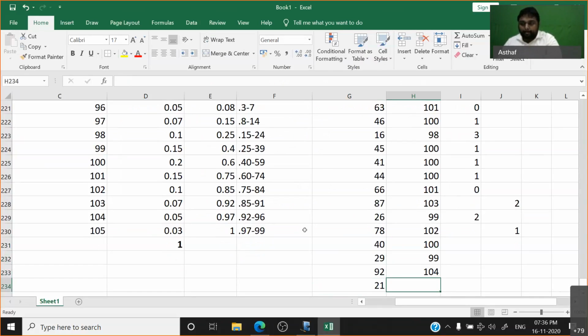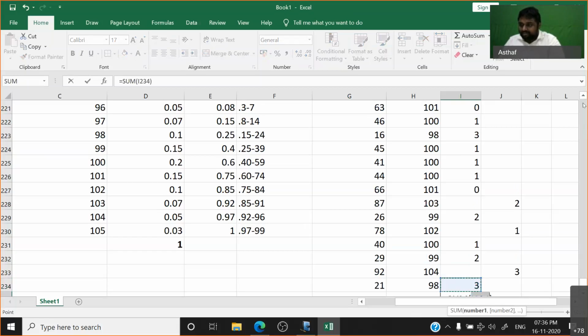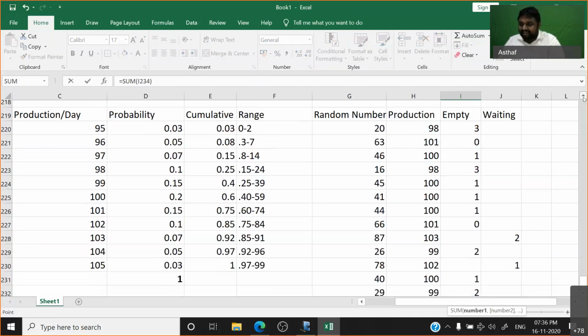Again 21 is 98. So here you will have 1. Here you will have 2. Here you will have 3. Here you will have 3. So you can take the total. Some of the friends started giving the final answer.